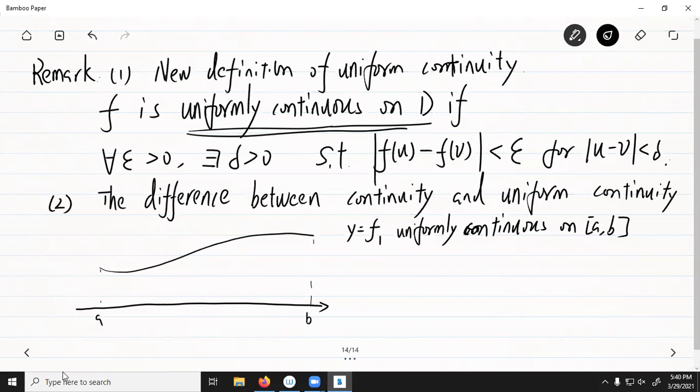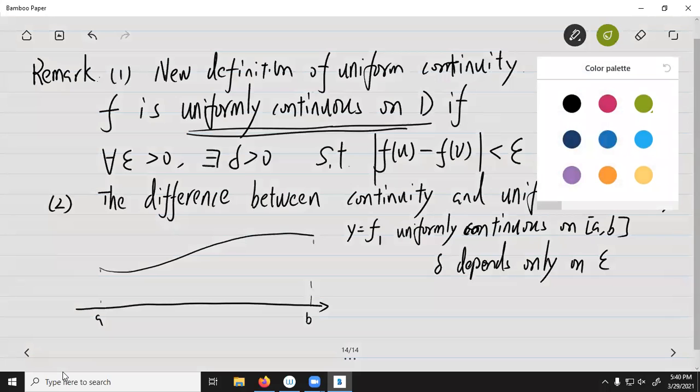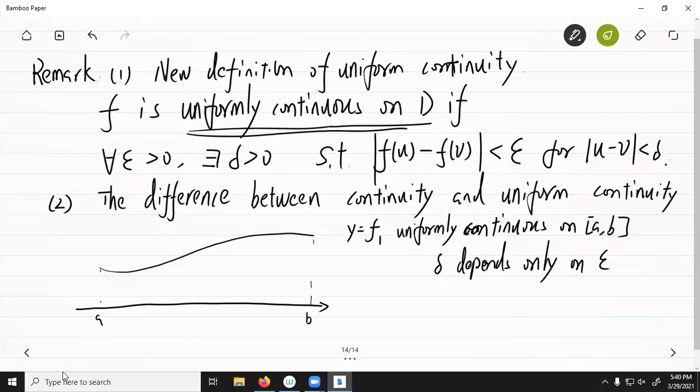For any epsilon, the difference is that this delta depends only on epsilon. So what does this mean? If you draw a box, the height is epsilon.